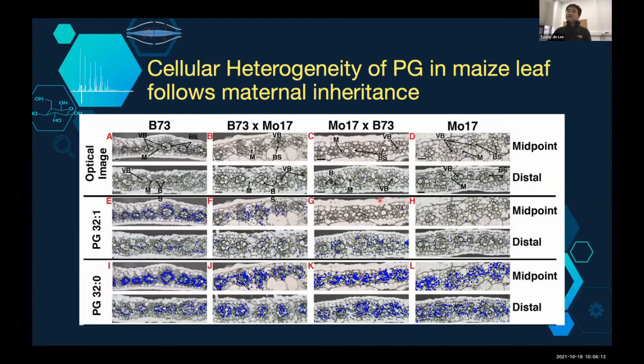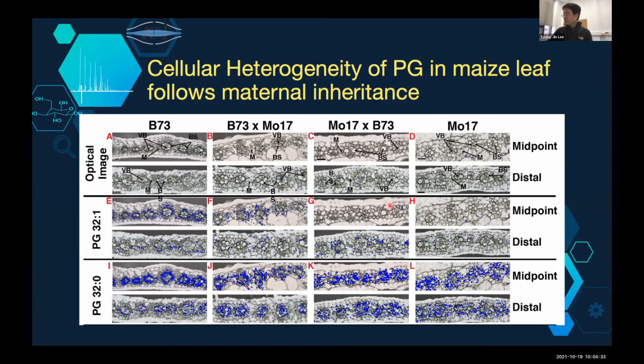Then we looked at their hybrids, B73 by Mo17 and Mo17 by B73. What we see is that they follow maternal inheritance. B73 by Mo17 has similar images to B73, and Mo17 by B73 is similar to Mo17.